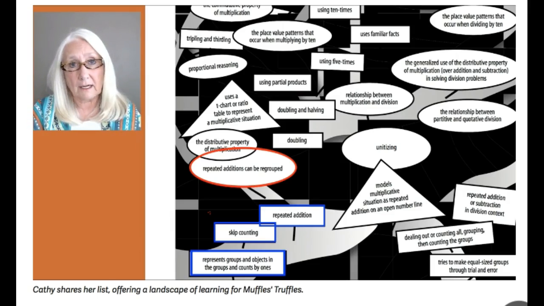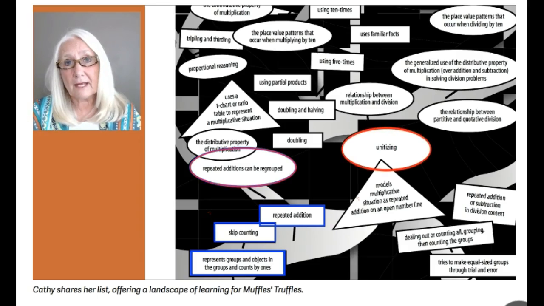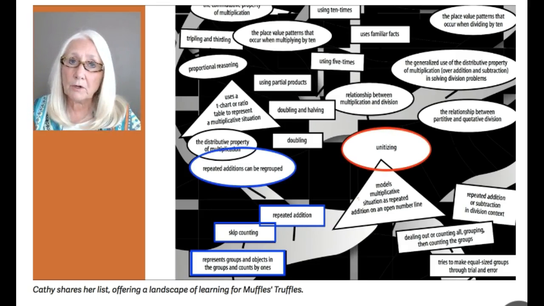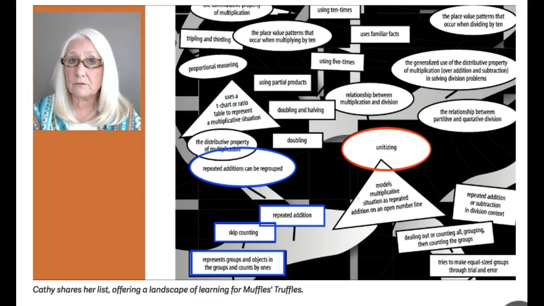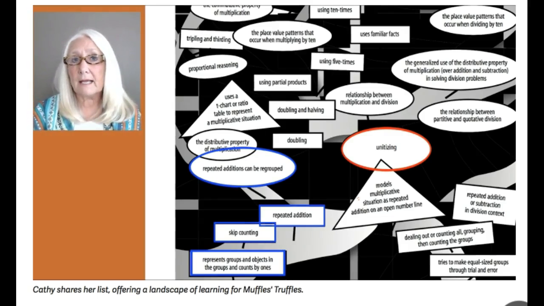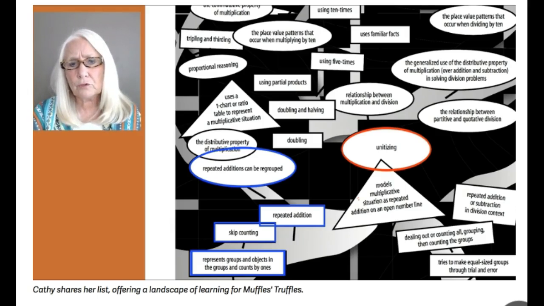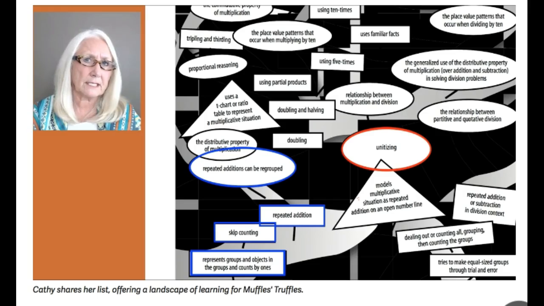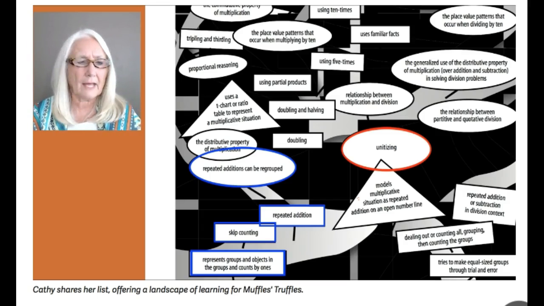Even the idea of understanding that groups can be counted with the same words as we use when we count, for example, by ones, objects in a group, is a big idea for children. Huge. They think of 3 5s as the 3 being a number that is actually counting the number of groups, whereas the 5 is actually counting the number of objects in a group, making the group a unit to count. We call that unitizing, and that's a big idea.